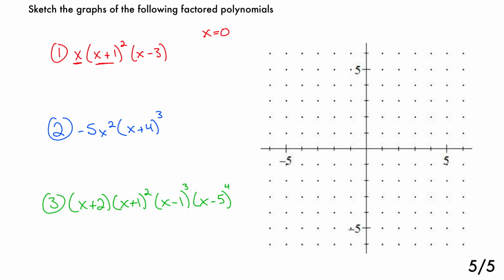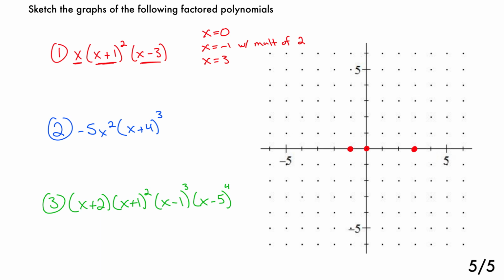Then I have this x-intercept, which is x equals negative 1 with a multiplicity of 2. And then the third part, I have x equals 3. So those are my 3 x-intercepts for the first function. So I've got x-intercept at 0, x-intercept at negative 1, and that's the one where I'm going to bounce off because of the multiplicity of 2, and x-intercept at 3.